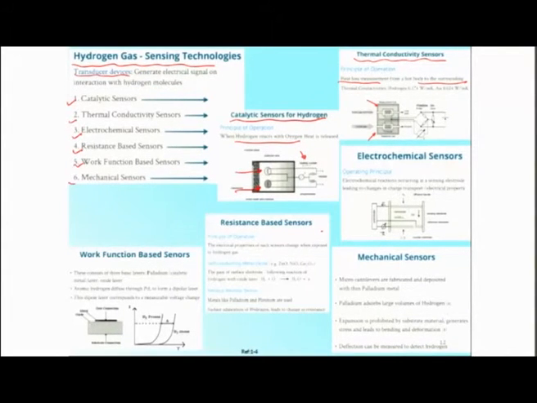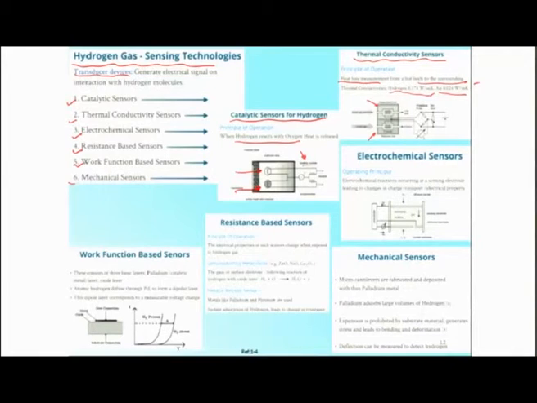One of them is the reference, another is the measurable sample, and we know that the thermal conductivity of hydrogen is about 0.174 watt per meter Kelvin, and that of air is 0.024 watt per meter Kelvin. And so, with this in mind, if we are able to measure the thermal conductivity of a certain gas mix, we can do the bulk modeling to see how much hydrogen is present in what percentage of air, and that way we can find out the concentration of the hydrogen.